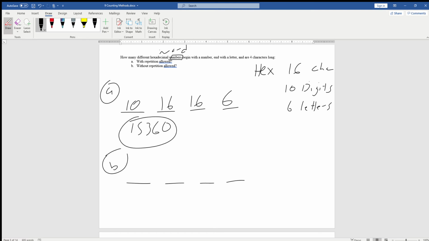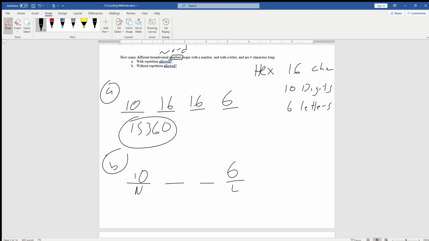So how many different hexadecimal numbers begin with a number? We haven't done any sort of restriction yet, so there are still 10 numbers, and then it ends with a letter, which is still 6. Notice that the first one is a number and the last one is a letter, so they're completely independent from one another.